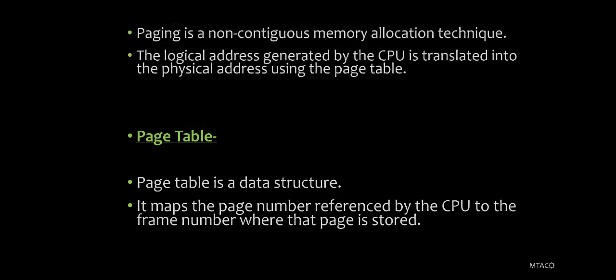Next. Paging is a non-contiguous memory allocation technique. The logical address generated by the CPU is translated into a physical address using a page table. So when translating your logical address to your physical address, you will be using a page table.